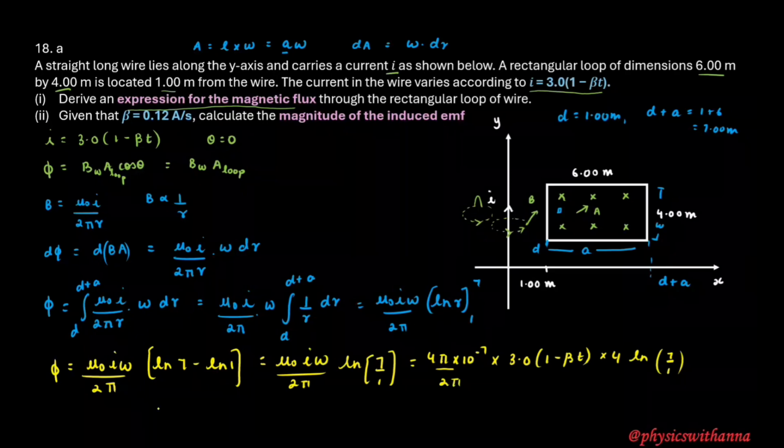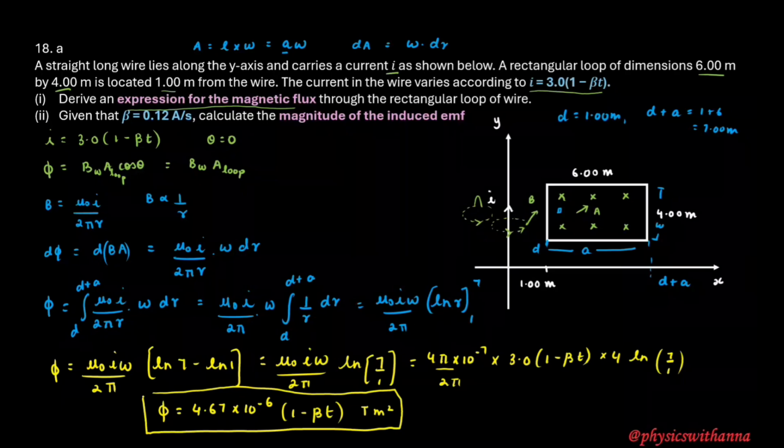And when you solve this, you get the value of phi to be equal to 4.67 times 10 to the power negative 6 into 1 minus beta t Tesla meter squared. So this is the expression of magnetic flux passing through the rectangular loop because of the straight wire carrying current. You can substitute the value of beta over here or just keep it as it is as they are asking you to find the expression.